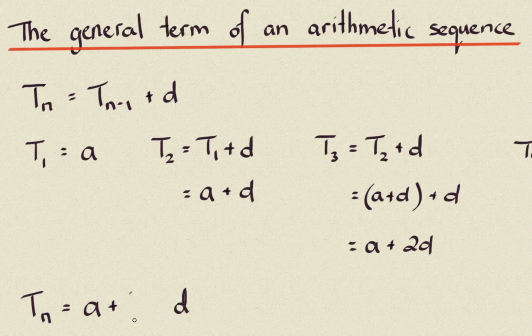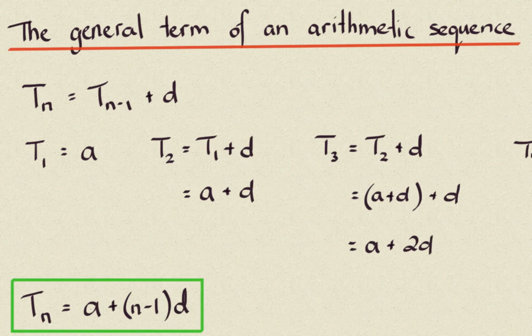And that number is always 1 less than the term that we are at. So for the first term, it's 0. There's 0 lots of D. For the second term, it is 1 lot of D. For the third term, it is 2 lots of D, and so on. And so this way to express Tn is actually a very useful tool for us. So let's do some examples now where we'll see how this can be used.